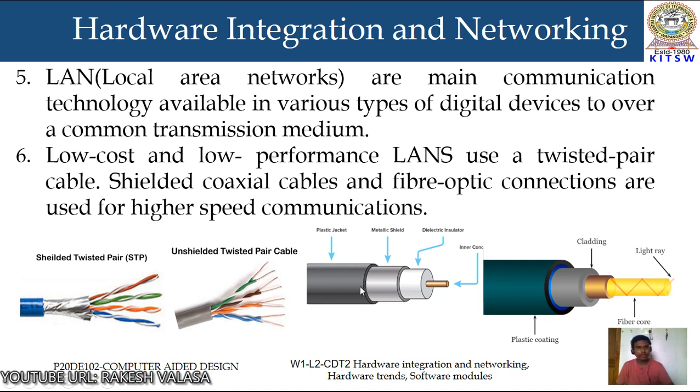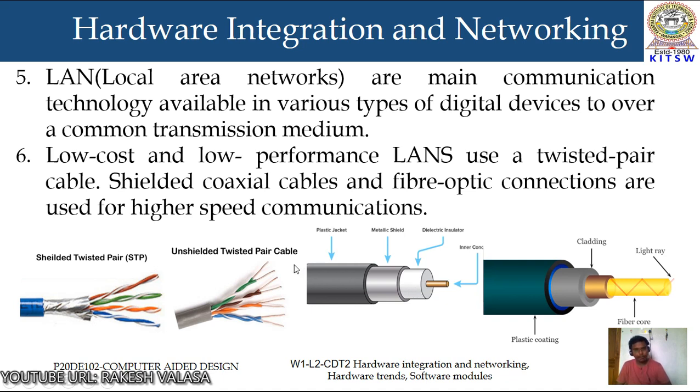Let us see the second one. The second one is coaxial cable. It consists of two conductors. The inner conductor of the coaxial cable is contained inside the insulation. Inside the insulator, the other conductor wraps around it, providing a shield.